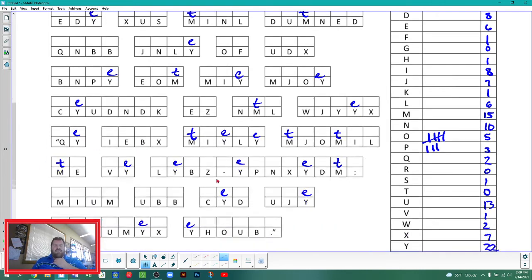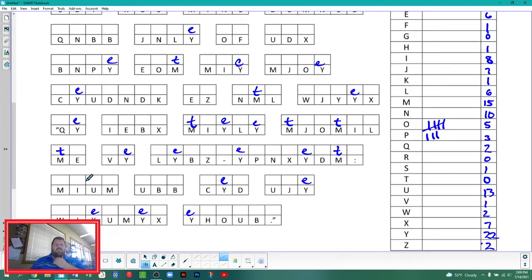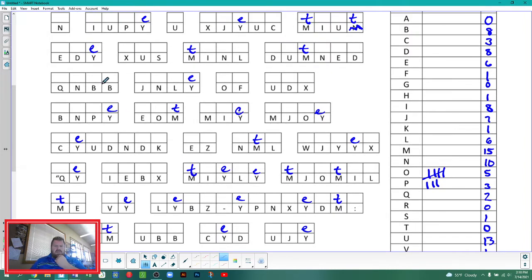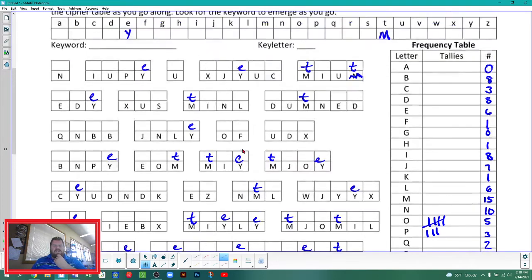In fact, a lot of times what I'll do is I'll type out my message, I'll type out my ciphertext, and then I'll just go through and I'll delete my top row of all these little cells here. So I'm just trying to make sure that I get them all. Yep. So missed quite a few here. Yeah, that seems okay. All right.